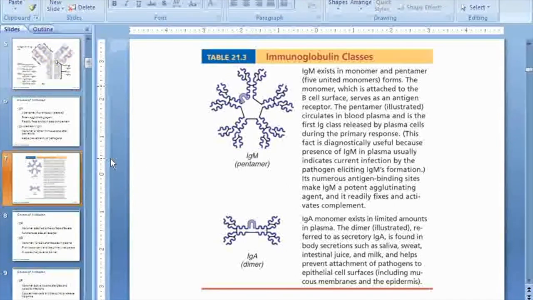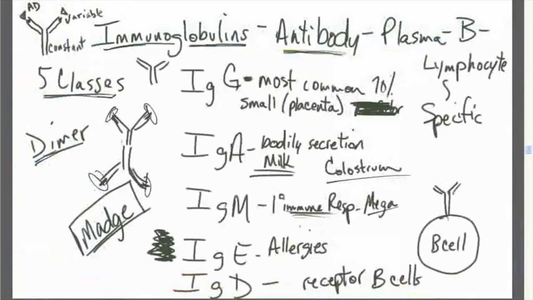You don't have to draw it either. But you can. It's fun. Twice as many binding sites would make sense in a primary immune response. A primary immune response is the first time you meet a harmful invader, right? A pathogen, an antigen.